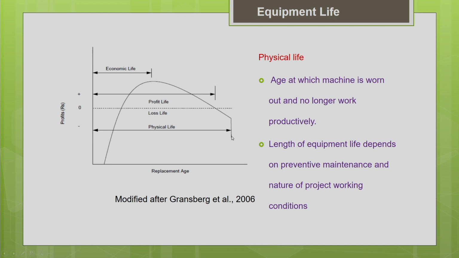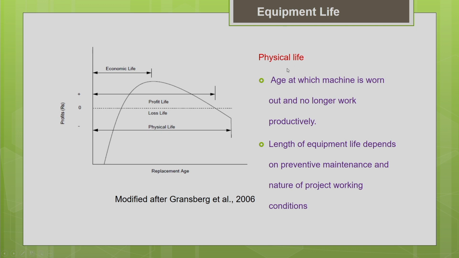When we replace or scrap an old machine, it is because it is totally not economical to hold that machine. It is of no utility value to you, it is totally broken down. Beyond that it is not possible for you to repair it and use it economically. At that particular point of time we totally abandon it and replace the old machine with a new machine. So, this refers to the total physical life of the machine.